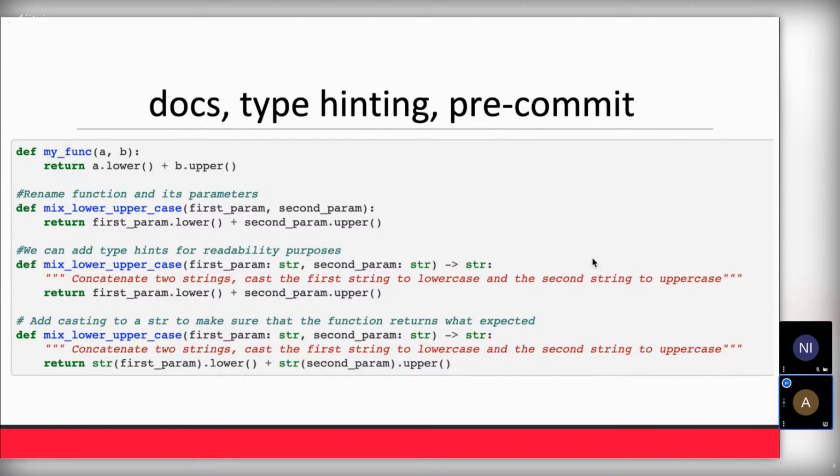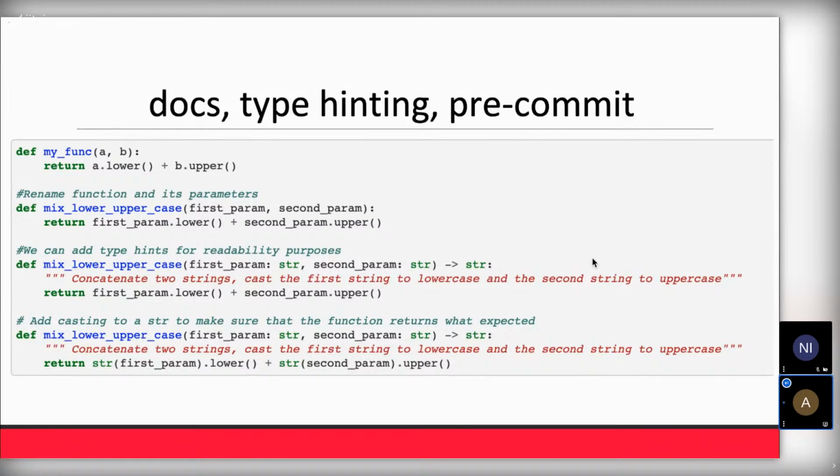And I see that I'm actually calling two specific methods: on A, I call the lower method, and on B, I call the upper method. Of course, you can be more verbose and say, okay, this function makes lowercase and uppercase, the function has a first parameter, a second parameter, and that's what you return. Yeah, that probably doesn't say a lot, but the next line has the type hints, where you actually define what you expect to have.